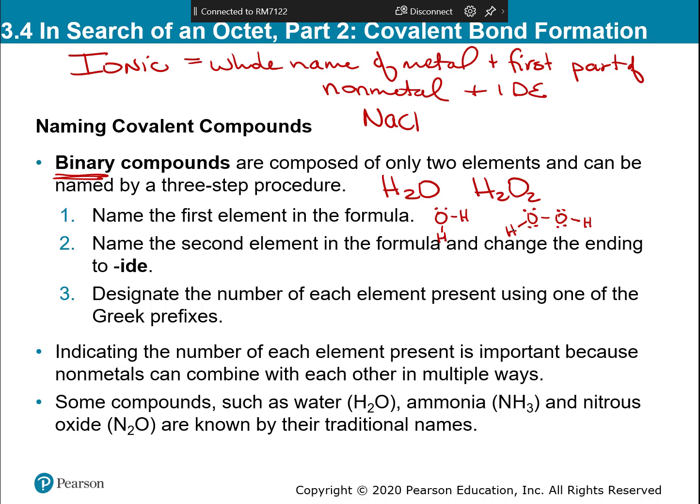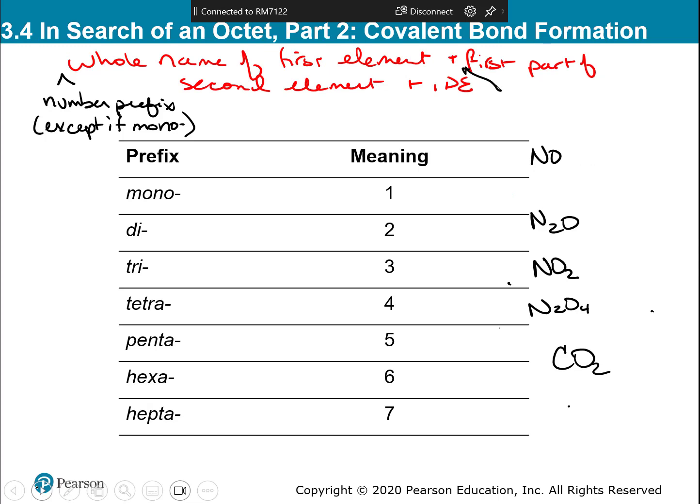Because we're sharing, not transferring. So we can get much more complicated in our arrangements and structures with covalent than we can with ionic. Because of that, you have to indicate the number of each element in the formula by using number prefixes. So the number prefixes are these.